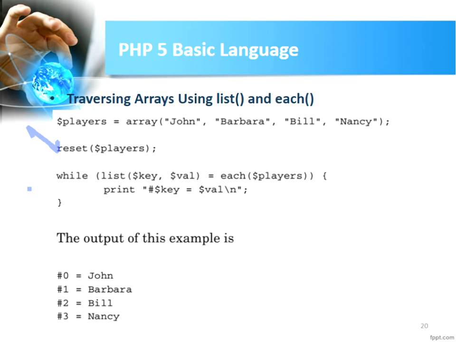The reset sets the internal pointer of an array to its first element. That means here, reset to the first element. Okay? After that, while I can write here $x, $y.